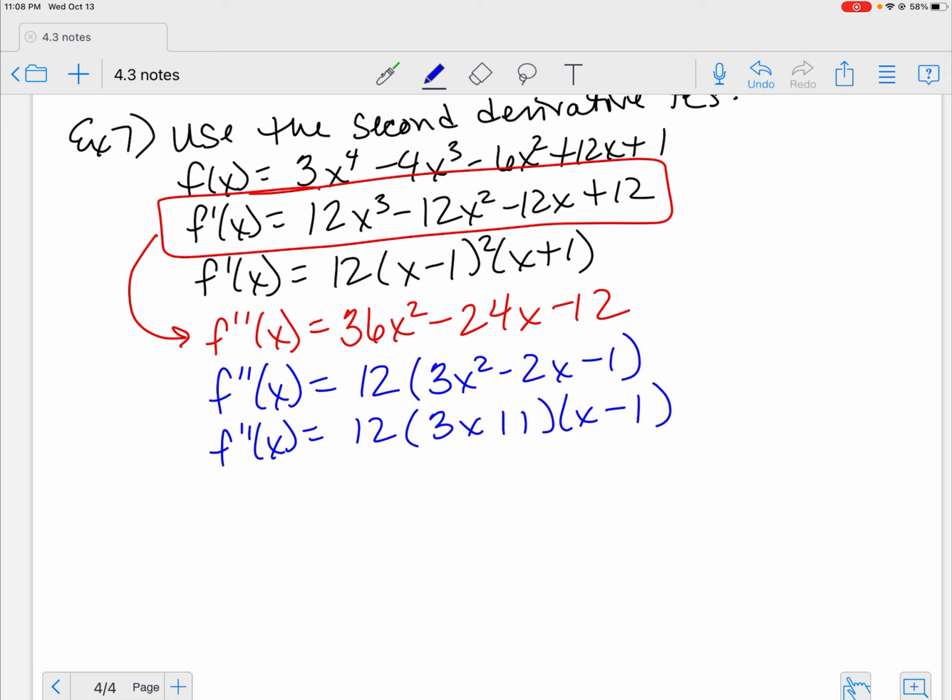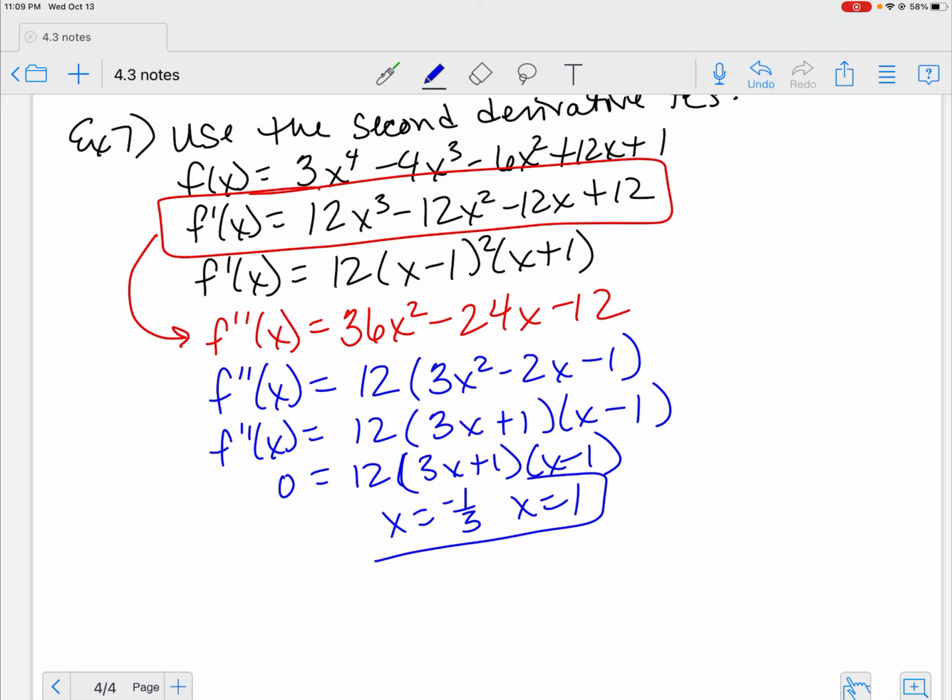I want a negative 2 and a positive. So here I have negative 3 plus 1 is negative 2. Nice and factored. So then I look at my critical values because I'm going to set this equal to 0. So x is negative 1/3 and x is positive 1. Those are my critical values.